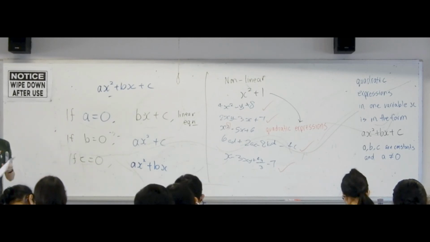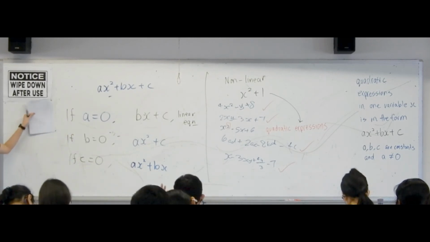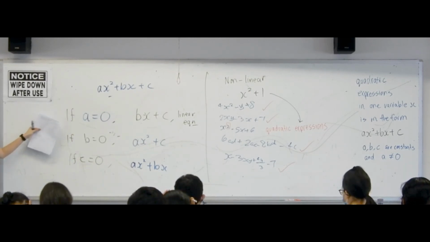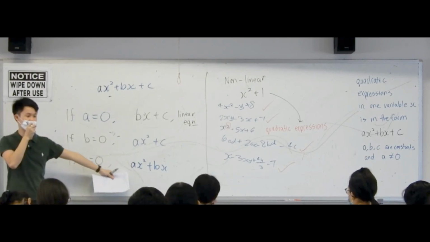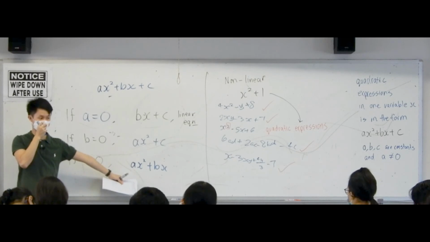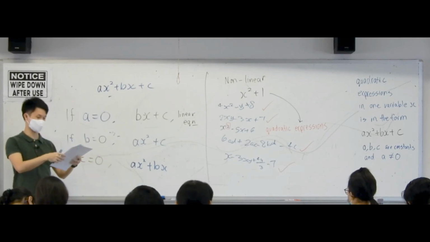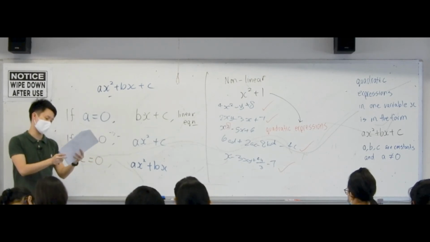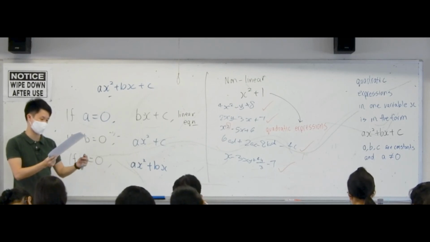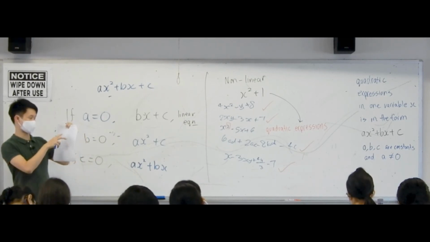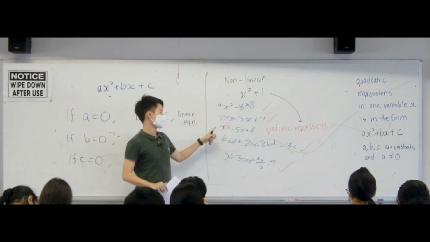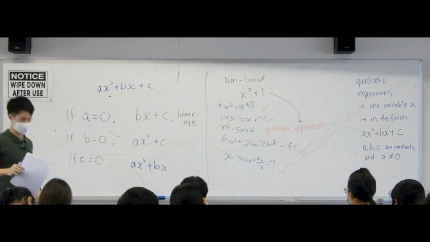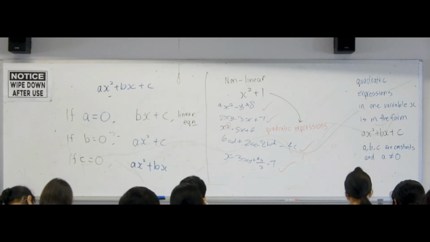It's a bit more abstract here, but can you see what I'm doing here? I'm taking a condition where one is 0, so on and so forth. It is still quadratic as long as there is an x squared term. Okay, something additional for you to write down. You can simply write down examples of the quadratic expressions in one variable. The last part is there are only two examples here, which are x squared plus 1 and x squared minus 5x plus 6. Okay, these are the two quadratic expressions.